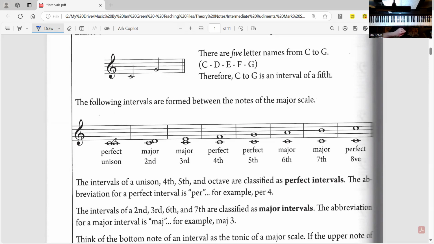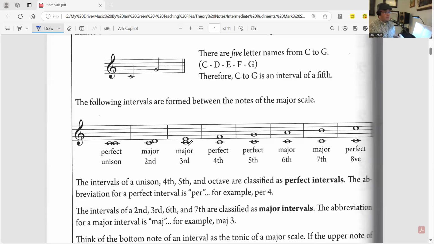Now, traditionally, in a major scale, every single interval has a specific part to play within a piece of music. And there are different names for each different type of interval. The perfect intervals are always the unison, which is 1, the fourth, the fifth, and the octave.